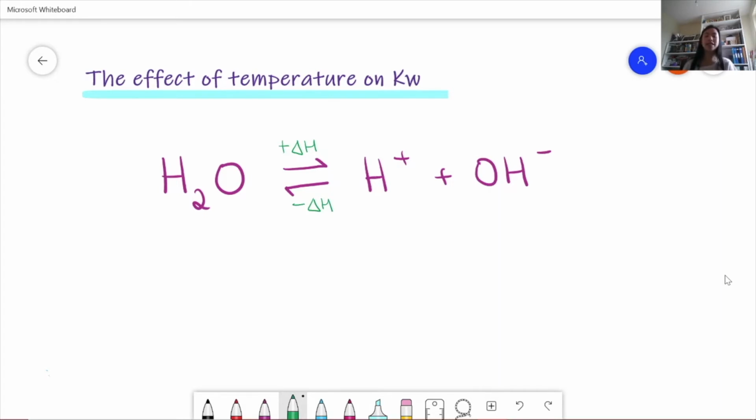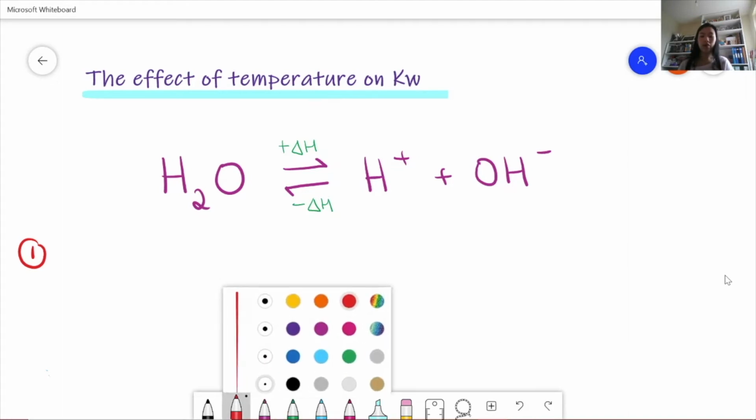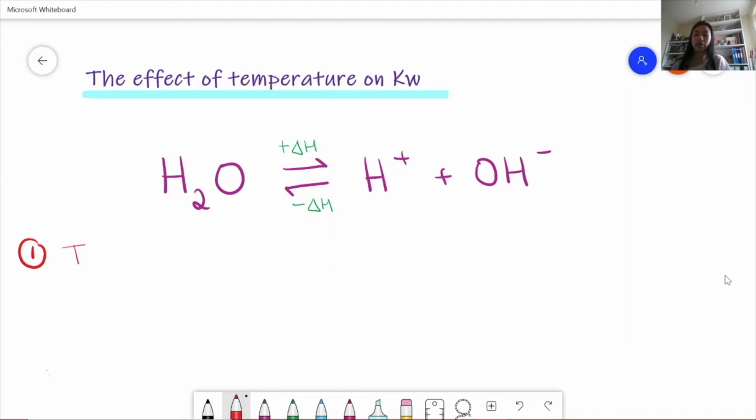Now let's think about what would happen if we increase the temperature. I'm going to call the temperature T. If we increase the temperature, then the equilibrium will move to decrease the temperature, and so it would favour the endothermic reaction.